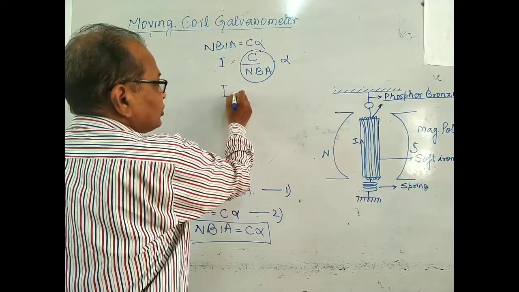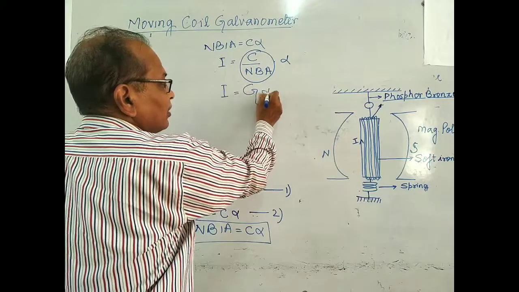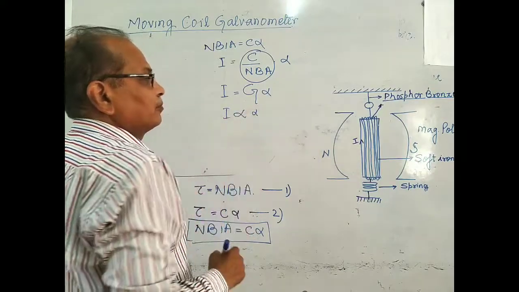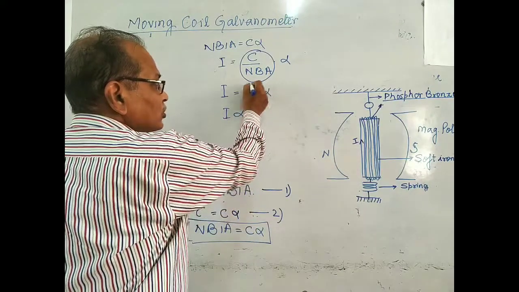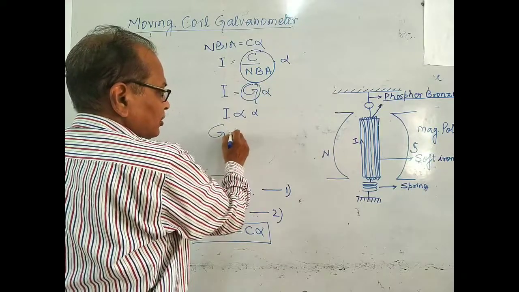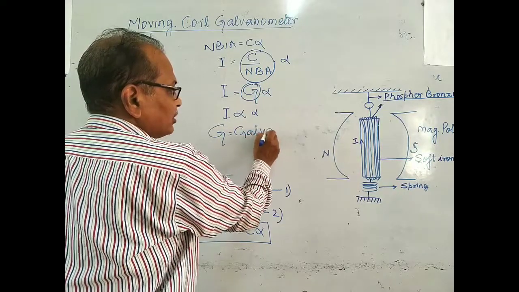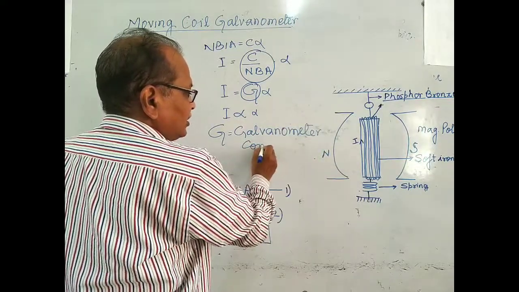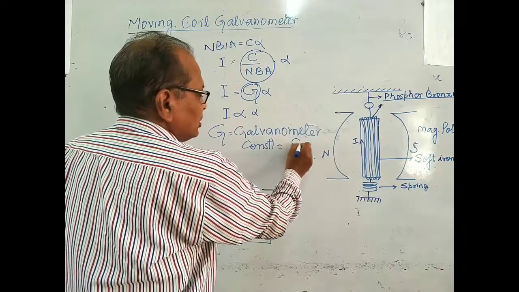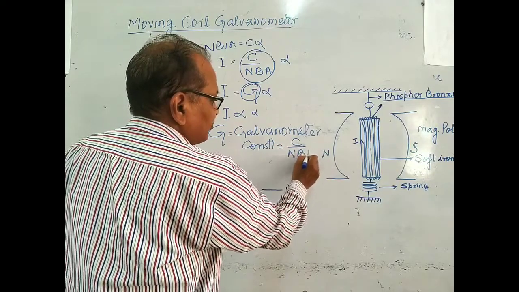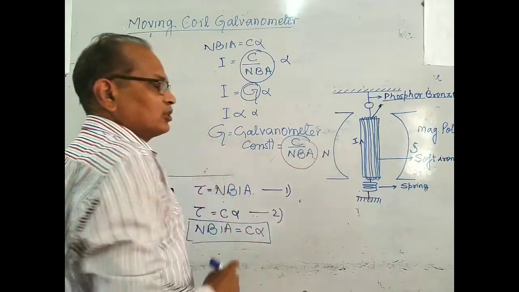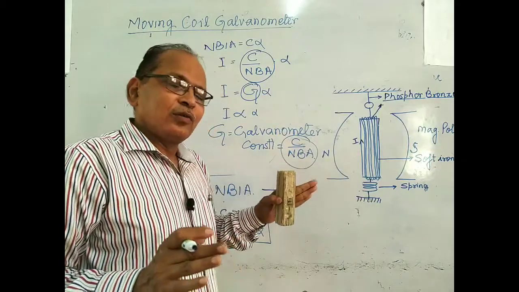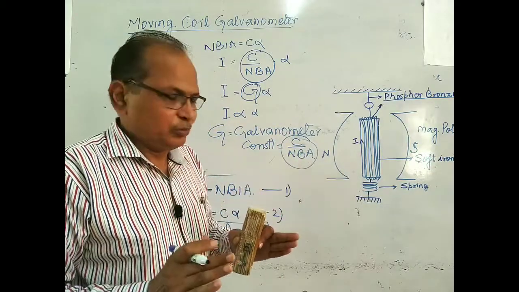Therefore, I is equal to G alpha, or I is proportional to alpha, where G is called the galvanometer constant, which is equal to C upon NBA. This is the constant of the galvanometer, and all the values are fixed during the construction of a particular galvanometer.